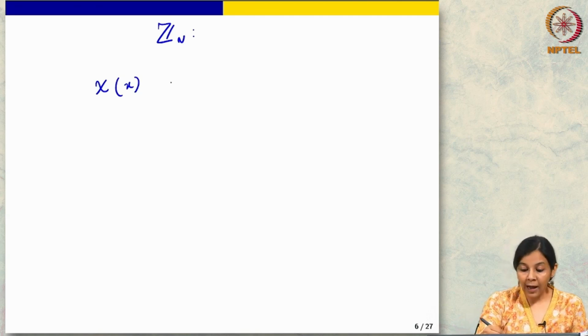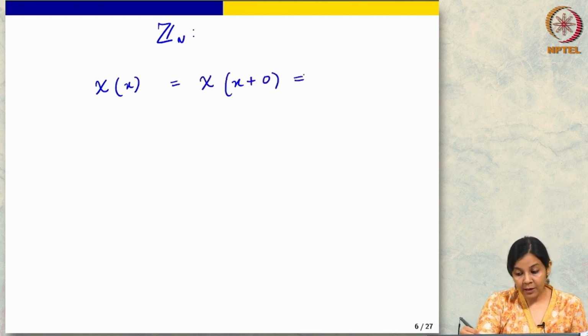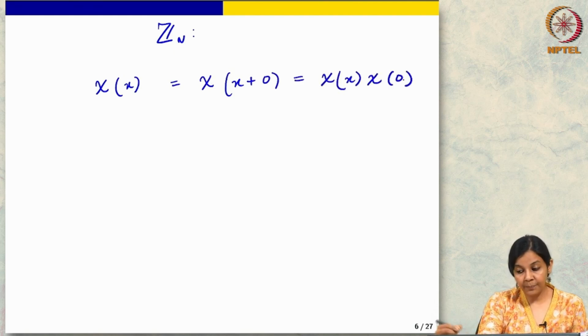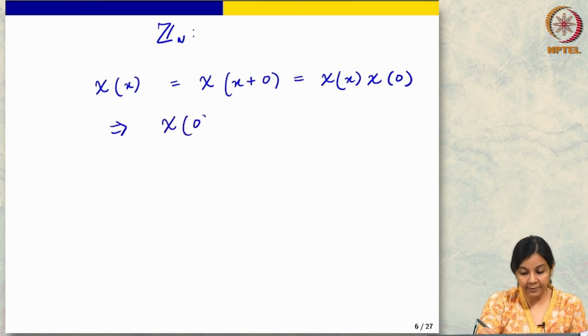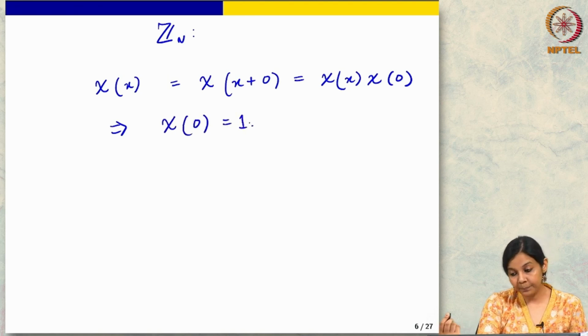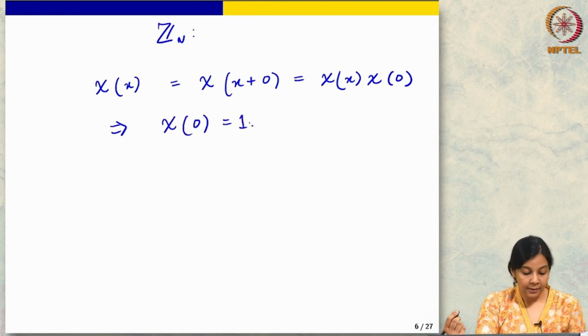So chi of x is nothing but chi of x plus 0, which should be by homomorphism chi of x times chi of 0. And this implies that chi of 0 is 1. Okay, good.